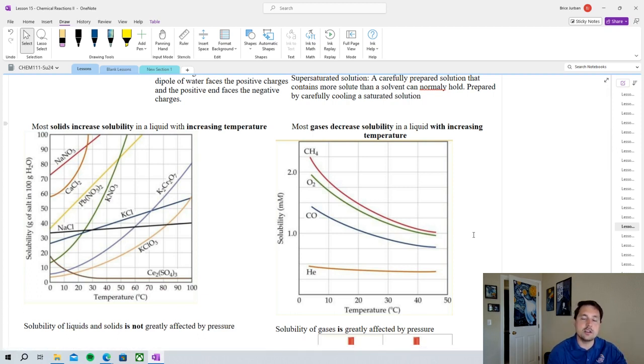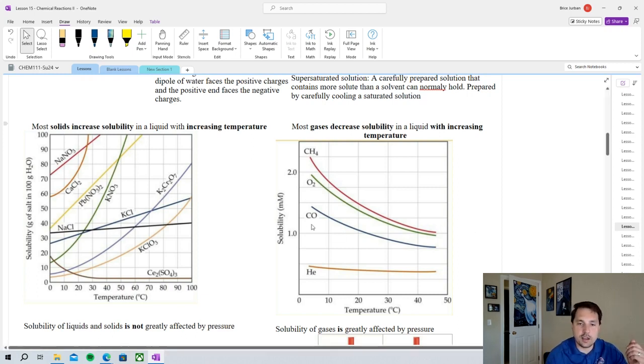because when you increase the temperature, these gases will speed up, they'll go faster and faster, and this will allow them to overcome their vapor pressure and escape the solution. So the solubility ends up changing because of the kinetic energy that you're putting in. And so that is an interesting thing to keep in mind.